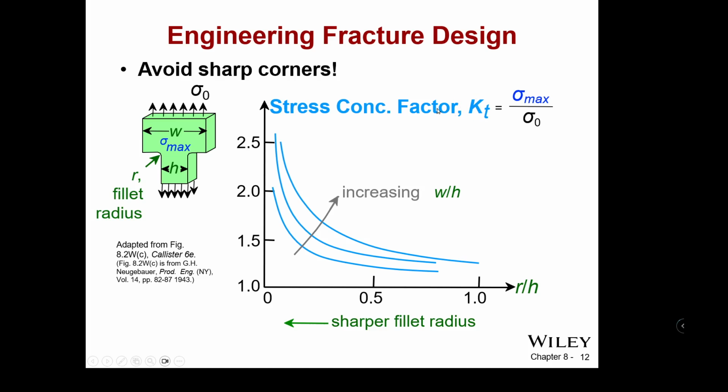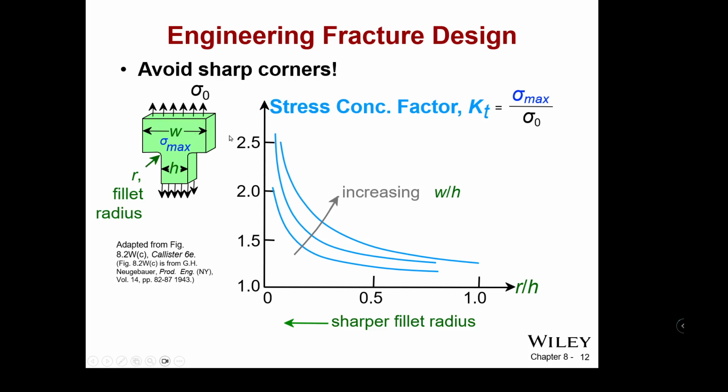The stress concentration factor is a ratio of the max stress, especially in a reduced area, relative to the original area of the stress. So the max stress divided by the nominal stress across the whole part is that level.